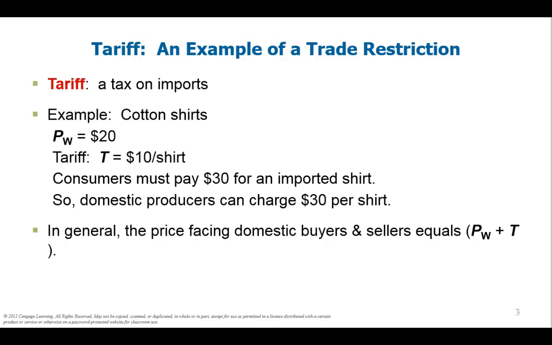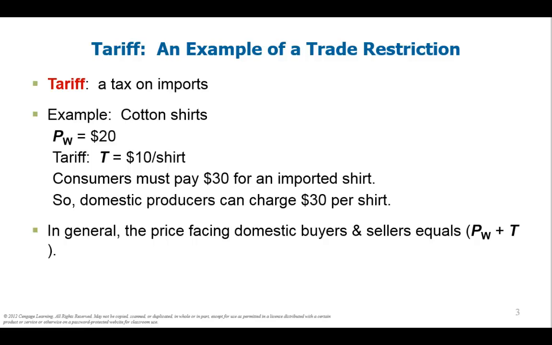Well, it can't be Mexico because we have NAFTA, but let's say China or Thailand, and we want to protect some of our U.S. producers, so we will impose a tariff on those graphic tees that come into the United States by placing a $10 per shirt tax on that graphic tee.